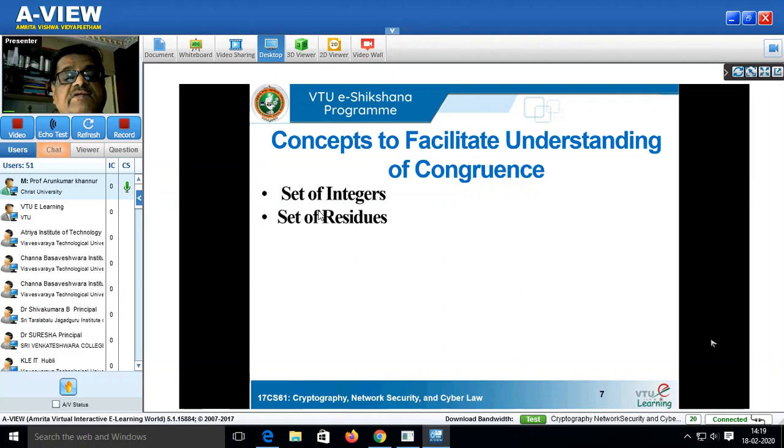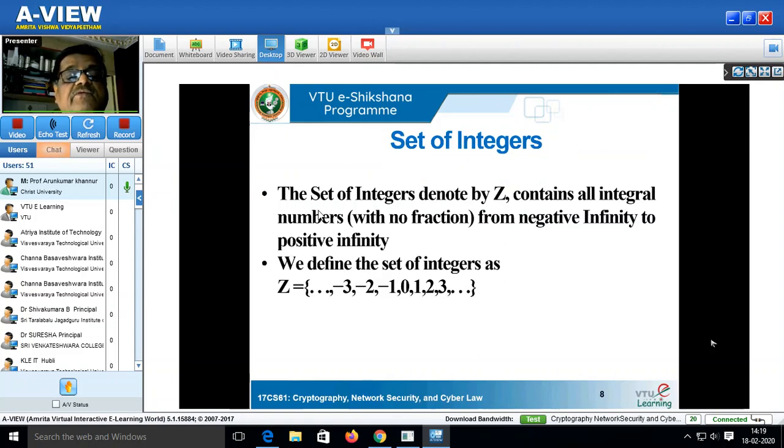Now we shall discuss concepts that facilitate understanding of congruence. We shall look at the set of integers, then the set of residues.